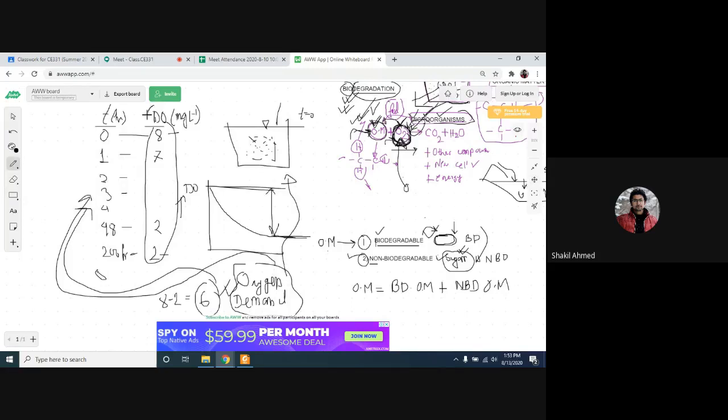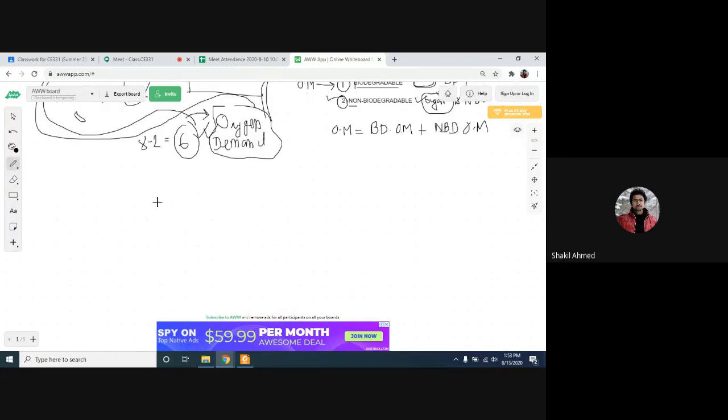Using that measurement of how much the oxygen has been reduced, you can quantify how much organic matter is present in your water. So if I call this oxygen demand, OD, what does it represent? Yes, this is oxygen, but it represents organic matter. Am I right?